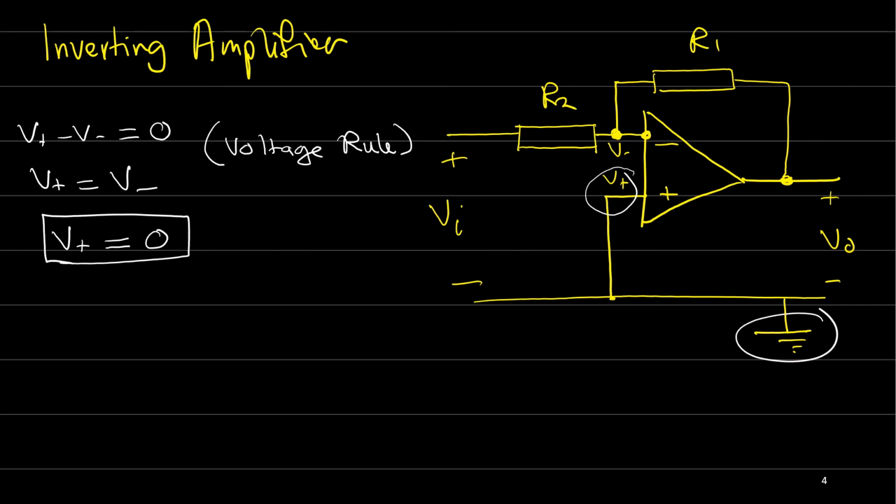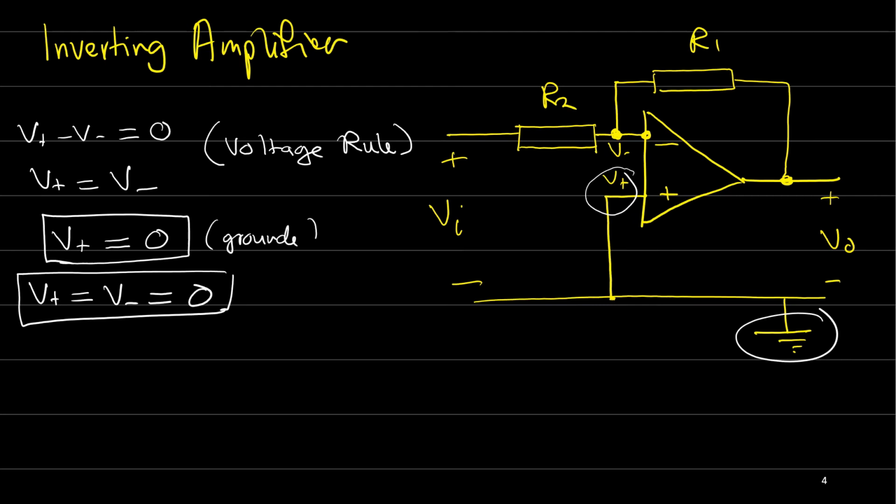And because V plus equals V minus, both should be equal to 0. So V plus is equal to V minus is equal to 0.